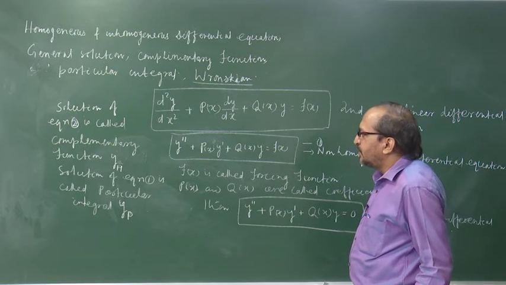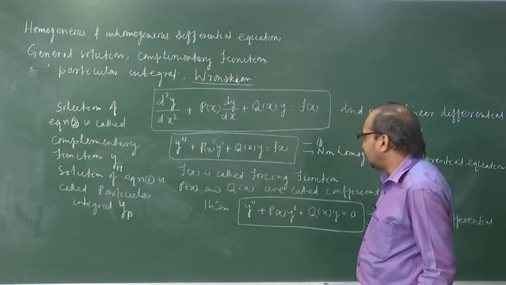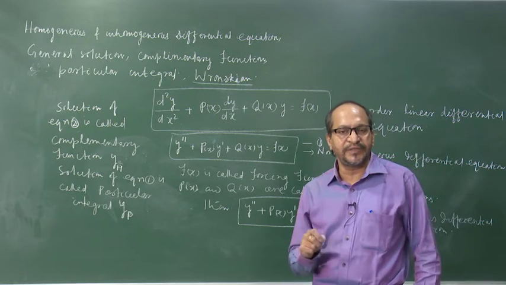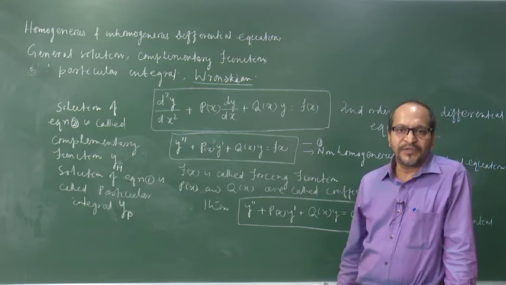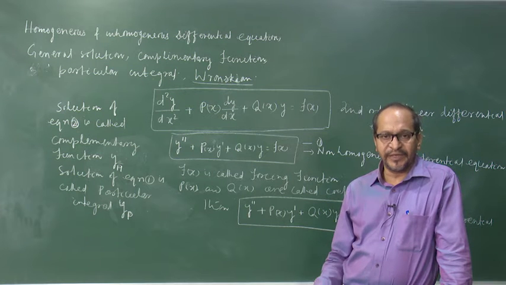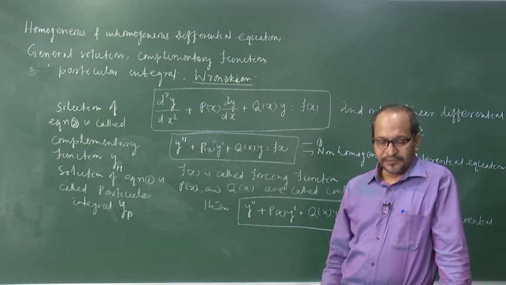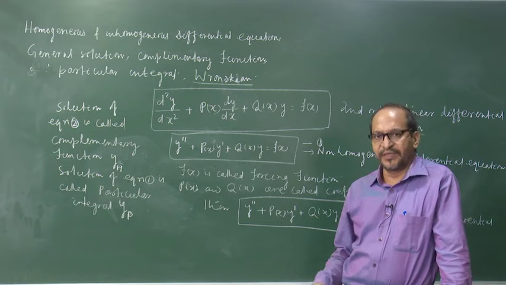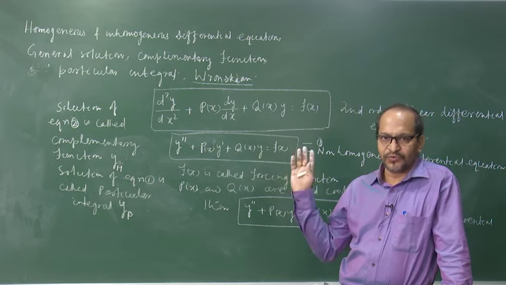If we put y h and y p, they must satisfy the corresponding differential equations, as I have already discussed. The solution of the differential equation must satisfy the original differential equation. When we put it in the original differential equation, the identity holds good.